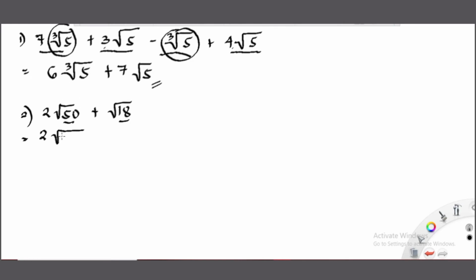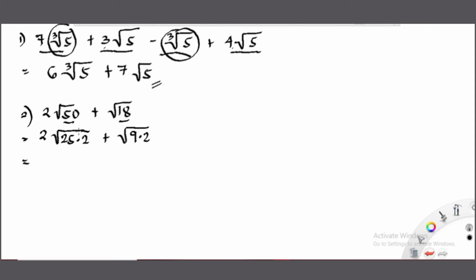The factors of 50 are 25 times 2 because 25 times 2 is 50. 25 is a perfect square. We will simplify it later. Then plus the square root of 18. If we think of the factors of 18 where one of them is a perfect square, we will think of 9 times 2. 9 is a perfect square, so we can simplify that later on.